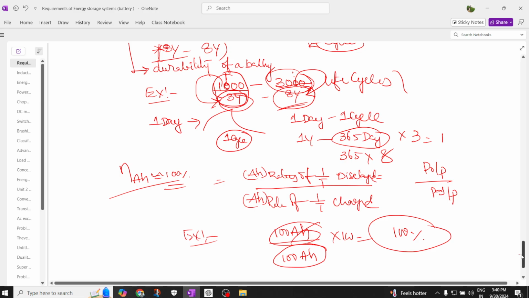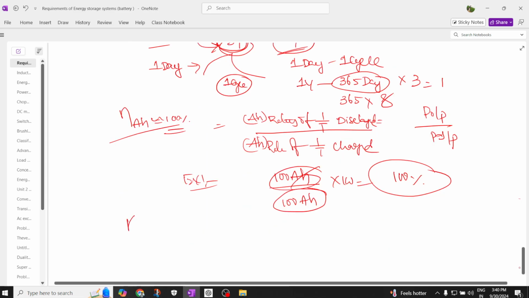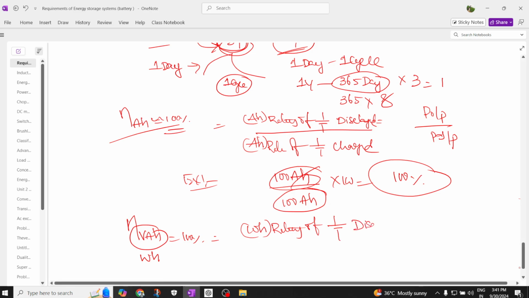Similarly, you have watt hour efficiency, which is called volt ampere hour or watt hour efficiency of a battery, also equal to 100%. It is nothing but the watt hour rating of a battery discharge to the watt hour rating of a battery charge.